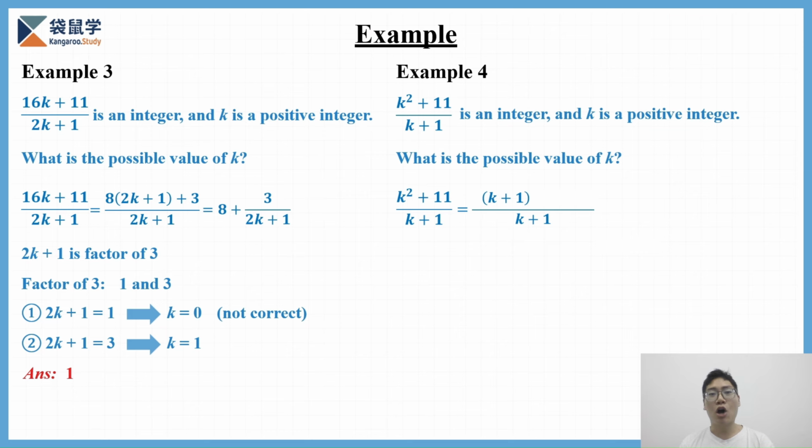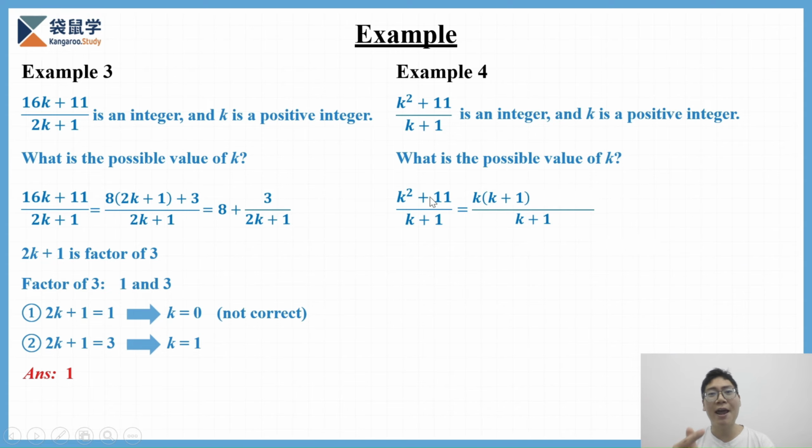So now let's observe the original numerator. From the original numerator, we have k squared plus 11. So how can we get from k plus 1 to k squared? Yes, multiply by k. So from here we get k squared and another k. So how do we get from k squared plus k to k squared plus 11?